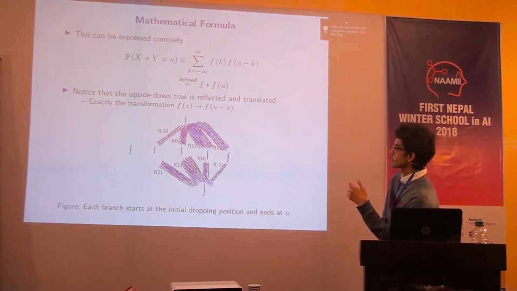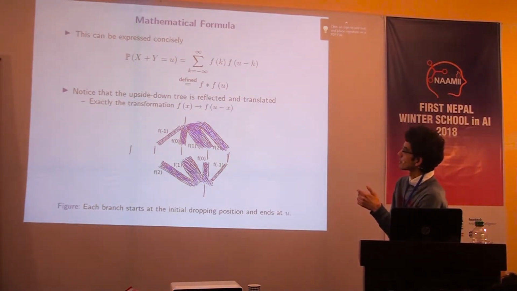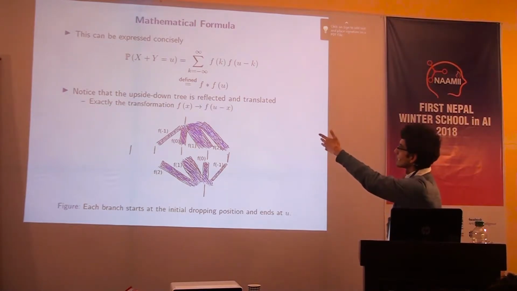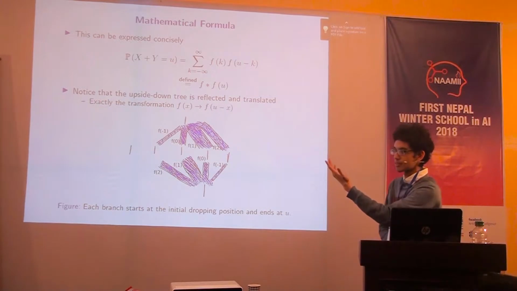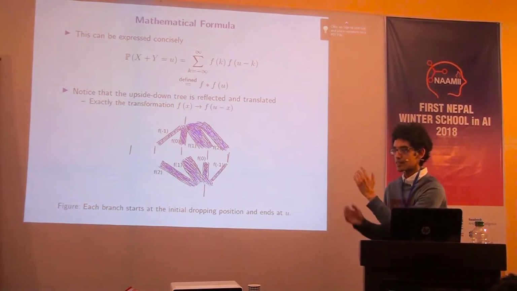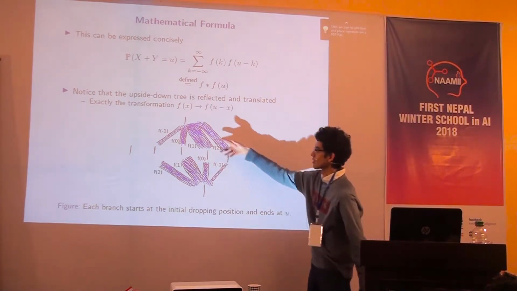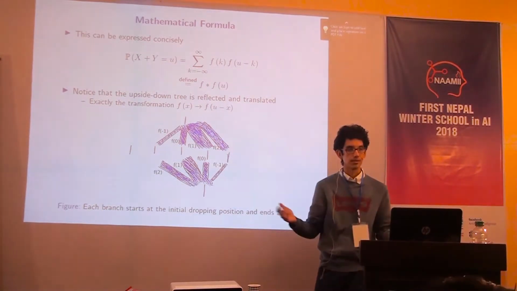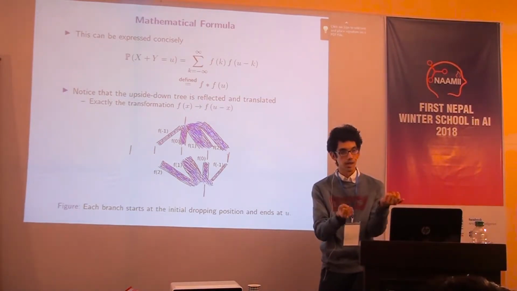I think this is a useful way of thinking about convolution. If you want to calculate the convolution of two functions, just imagine flipping it and then translating it and seeing how similar they are. By how similar, I mean look at the branch sizes, and if the branch sizes are pretty big, then the value of the convolution is pretty high there.